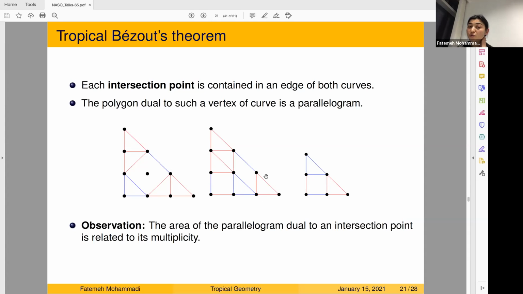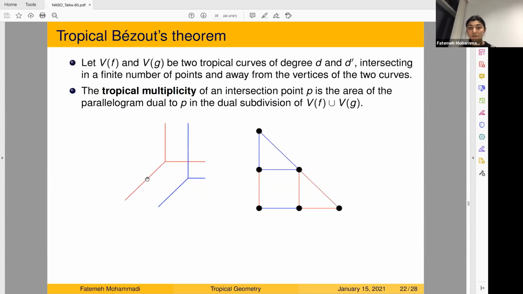This area is 2. This area is 1, etc. And then I see that for this intersection, I have 4 of these small triangles, so I would get 2, and this 2 is exactly the multiplicity of that intersection point in the tropical picture. So it turns out to be true that, okay, so here again I'm looking at my specific examples of 2 lines.